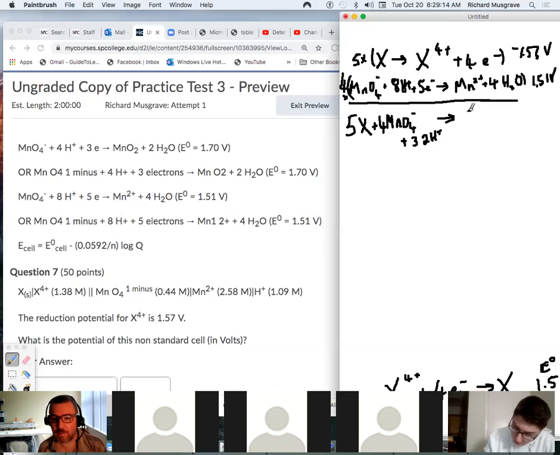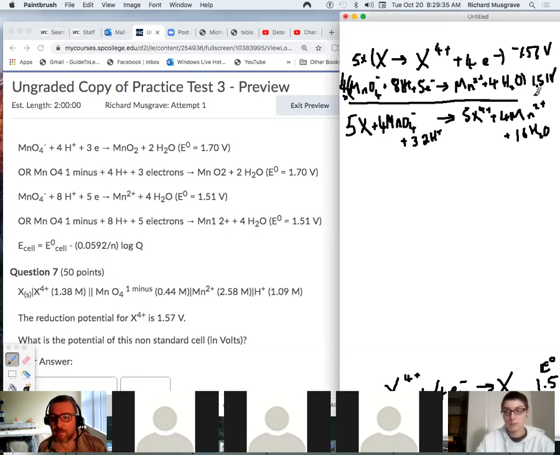And on the other side, I'll have 5X4 plus and 4 Mn2 plus and 16H2O.